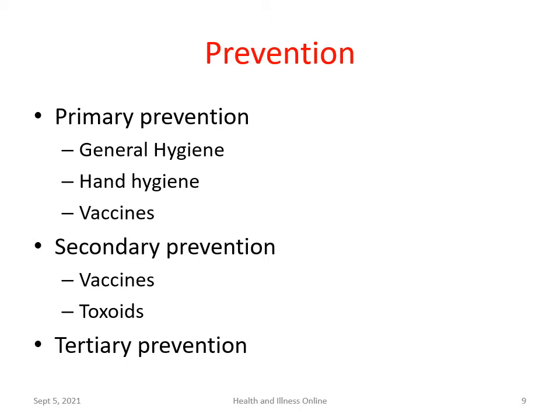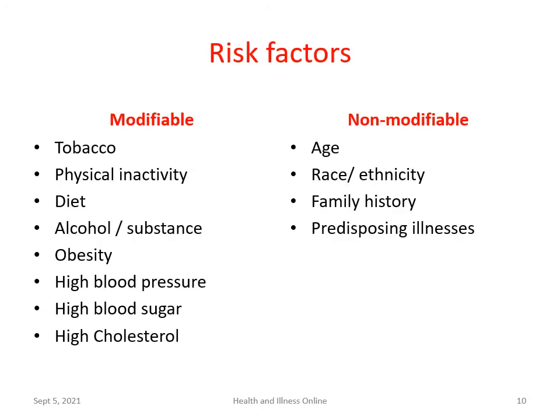And obviously all of you have received vaccines according to the expanded program of immunization, which you have read about in the hospital and community attachment course last semester, and you would read more about it this semester and in the semesters to come as well. Then there are secondary preventive measures, which include vaccines, toxoids for people who are at a higher risk, and then the tertiary preventive as well.